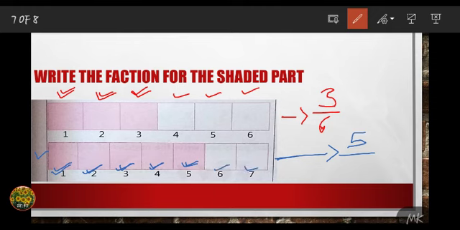So there are a total of 7 parts. So we will write it at the bottom. So the fraction of the shaded part in the first example is 3 upon 6. And in the second example, the fraction of the shaded part is 5 upon 7. That means 5 parts out of 7 and 3 parts out of 6.